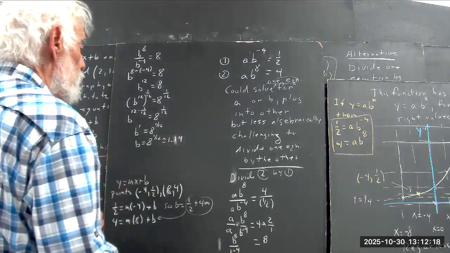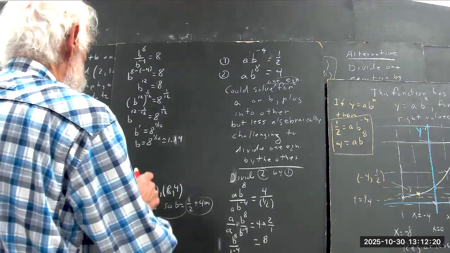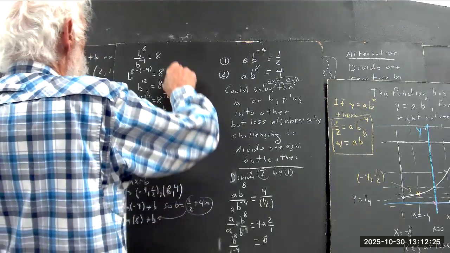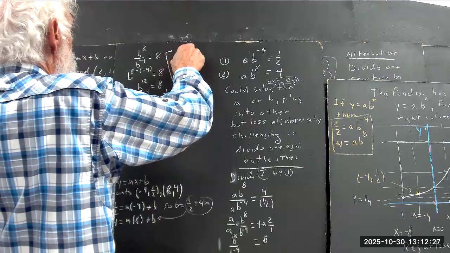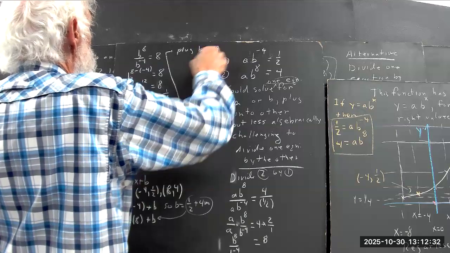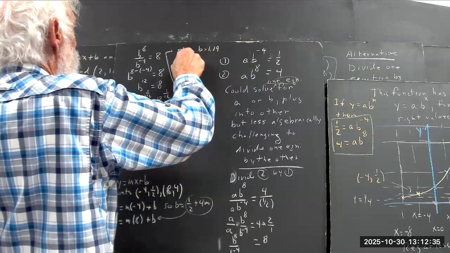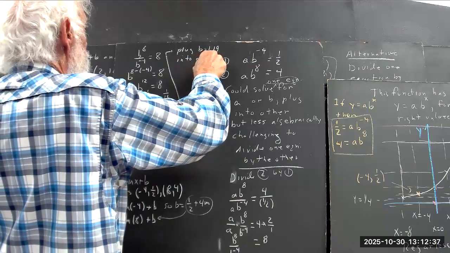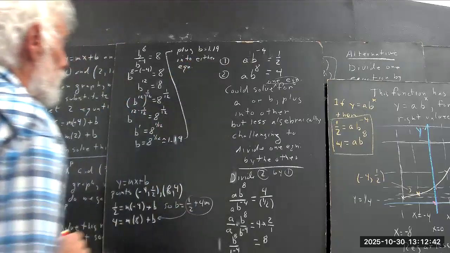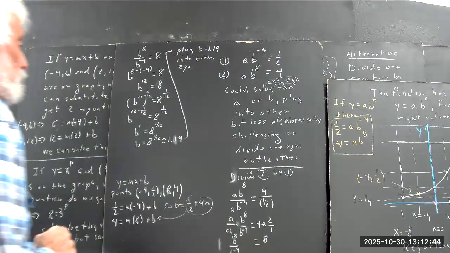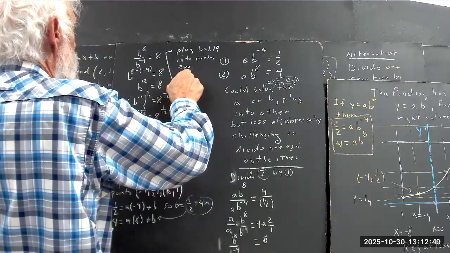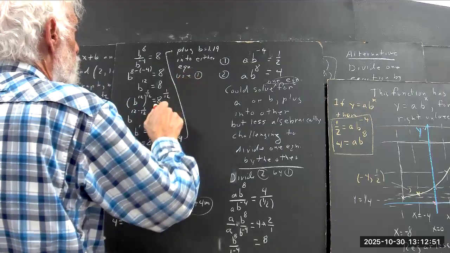Okay, once we have b equals 1.19, you can plug b equals 1.19 into either equation. Choosing the first equation, use equation 1.